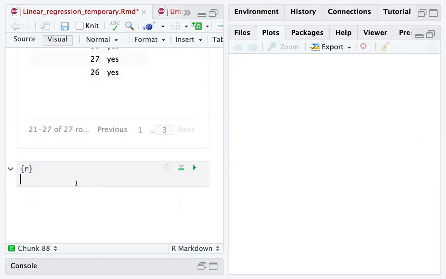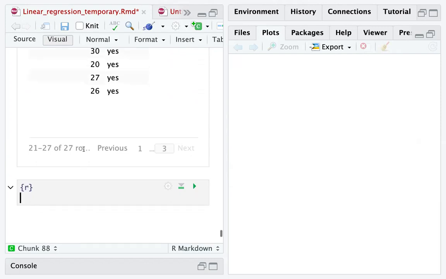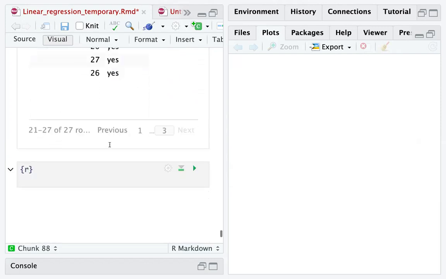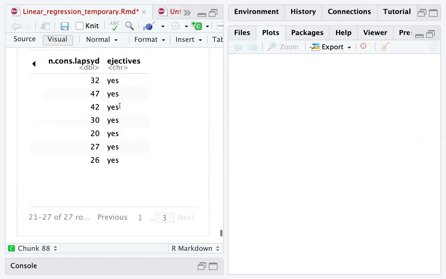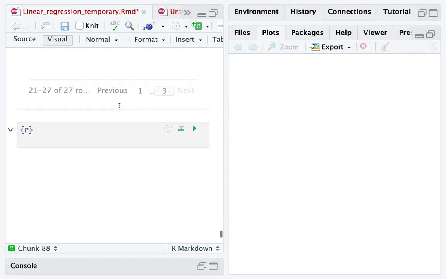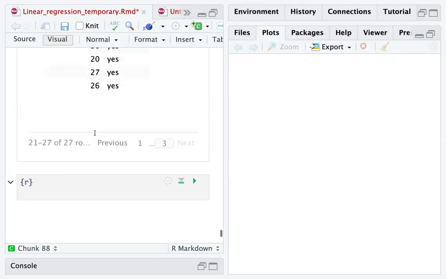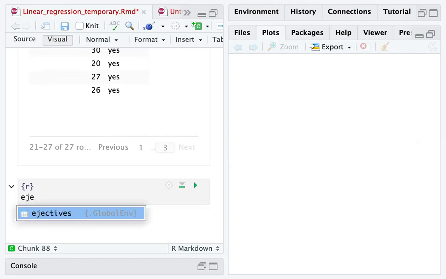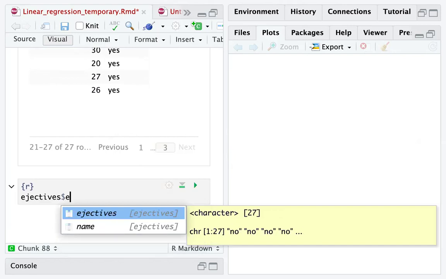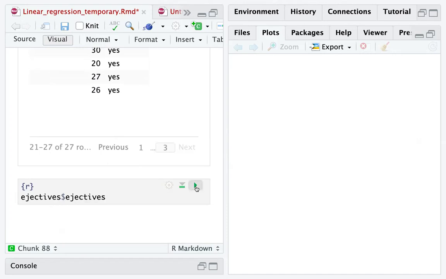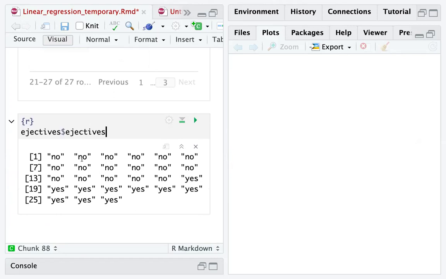So first we transform the adjectives into a variable which is 0 and 1. So again, these adjectives is the vector of yes or no. That is no if the language doesn't have adjectives.